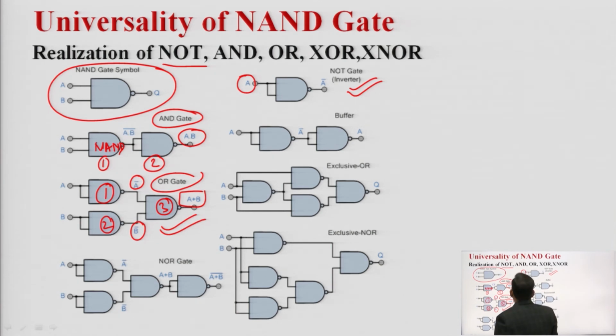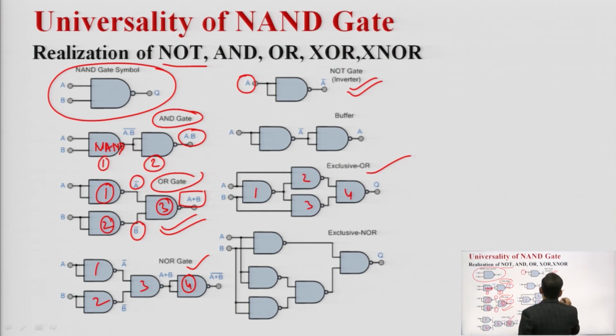After that we have XOR and XNOR. So for XOR we required 1, 2, 3, 4. This is NAND basically, and this is XOR. 1, 2, 3, 4.